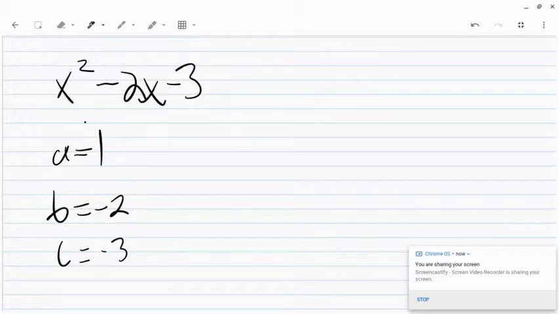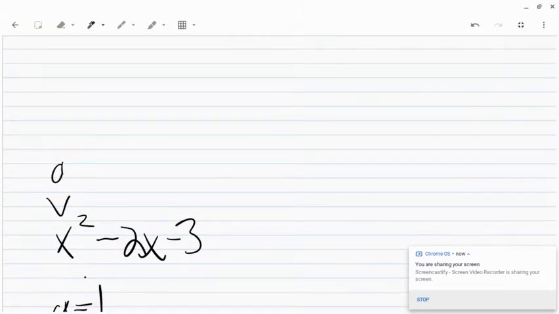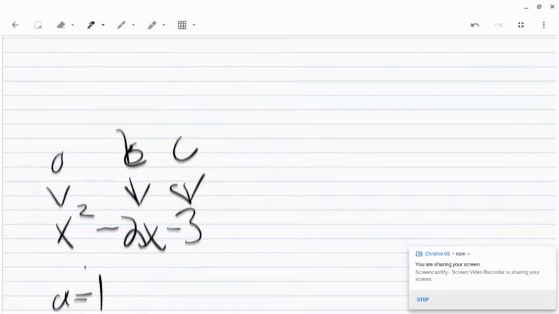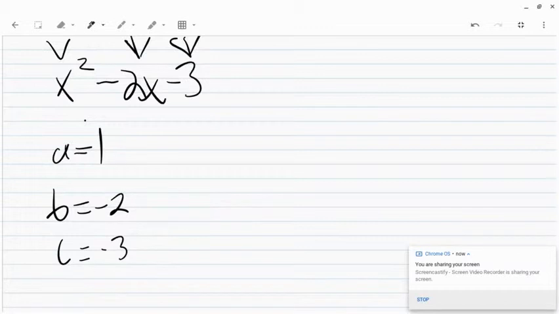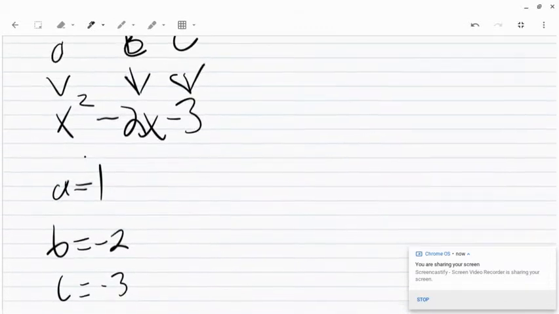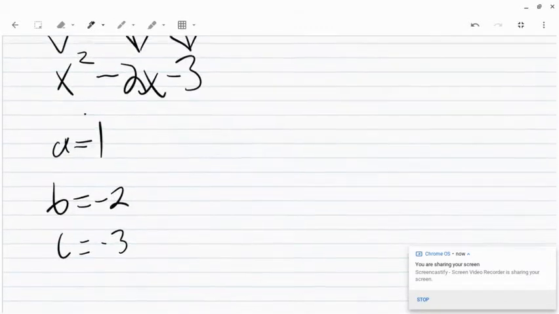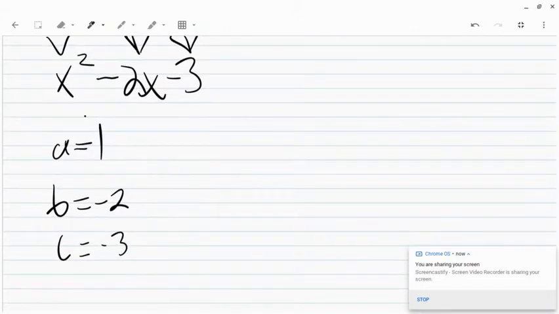And I did forget to mention, this is A, this is B, and this is C. That is how you write a quadratic function. I'm sorry, my bad. So now on to finding the axis of symmetry.